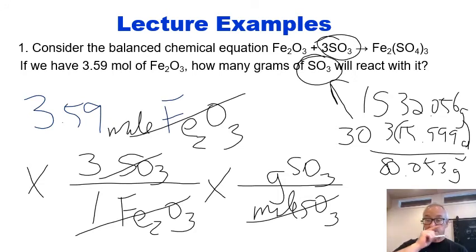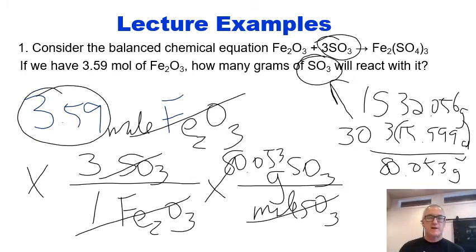1 mole of sulfur trioxide is 80.053 grams. So now I multiply 3.59 times 3 times 80.053 divided by 1 divided by 1.